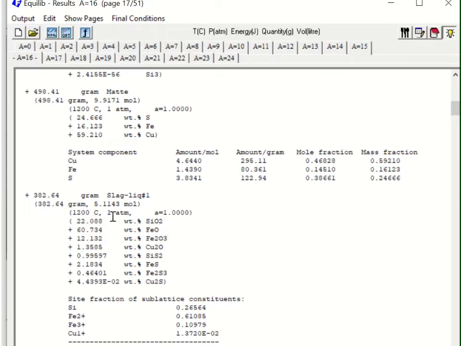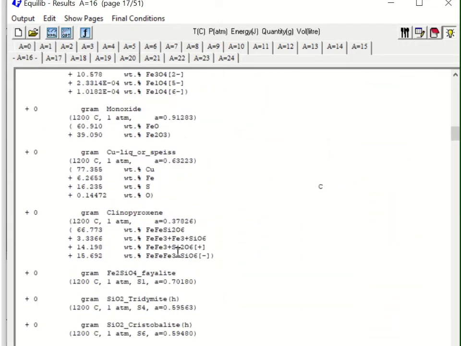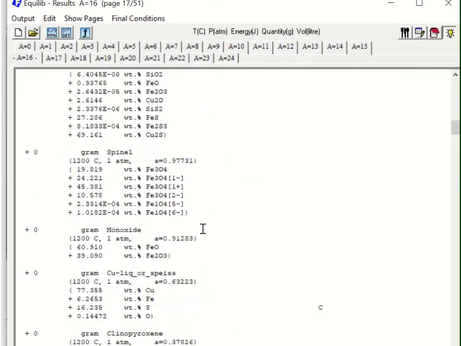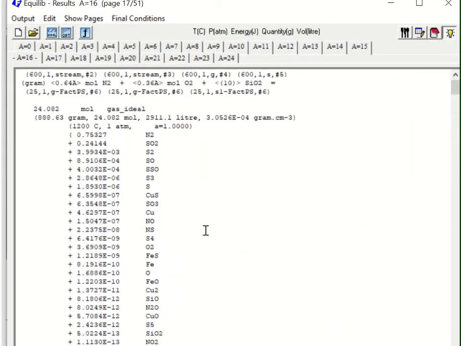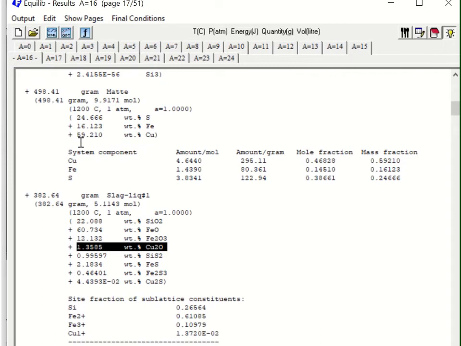And then you have about 1.3% of CO2, and all the rest is 0. Okay, so I like this one, so I'm going to save this. I'm going to use this matte for the converting process, for example.